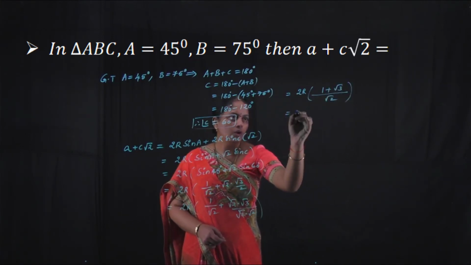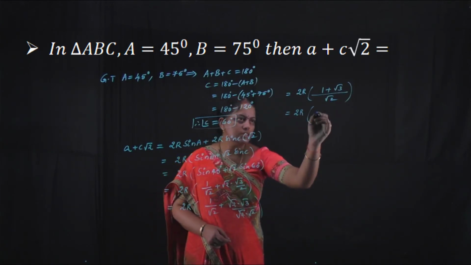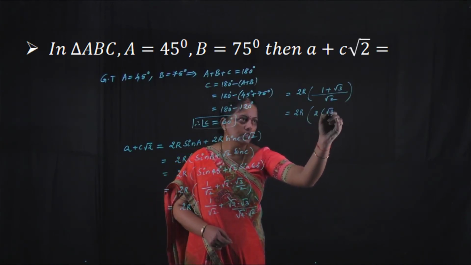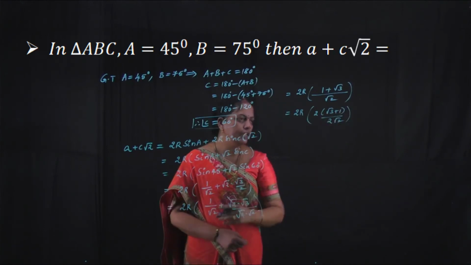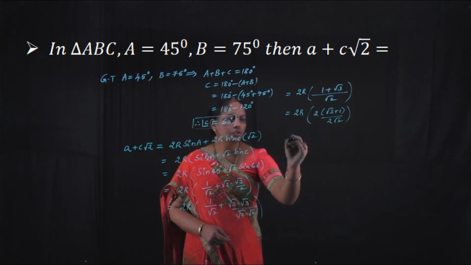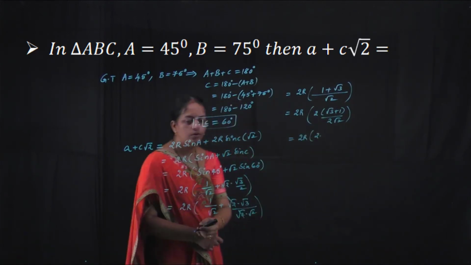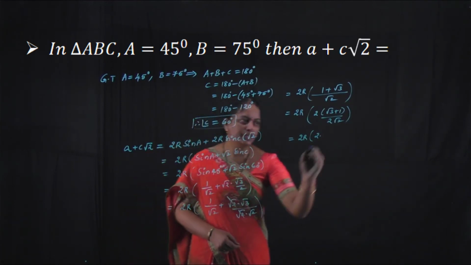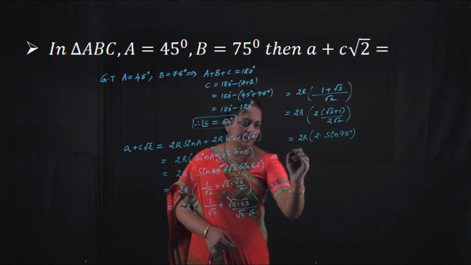Okay. 2R into, here multiplying and dividing with 2 this term, root 3 plus 1 by 2 root 2. Multiplying and dividing with 2. So this is equal to R into 2 times root 3 plus 1 by 2 root 2, which means sine 75 degrees. Sine 75 degrees.